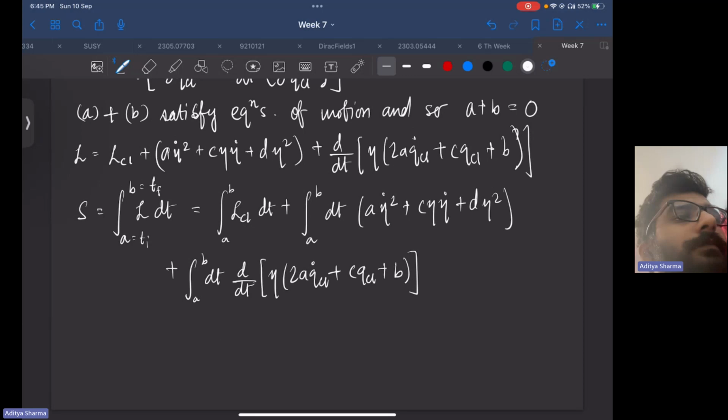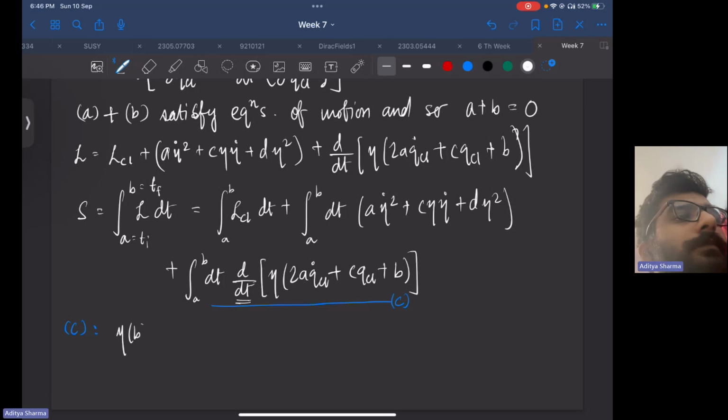Now this will just give you limits, from this part and doing it for this part, because this is a total derivative term here.